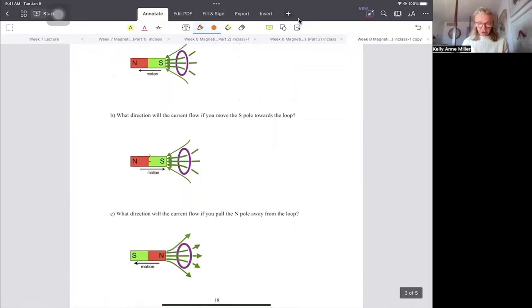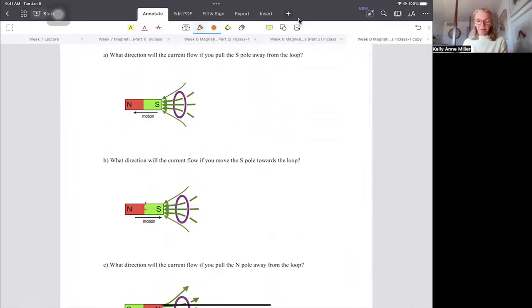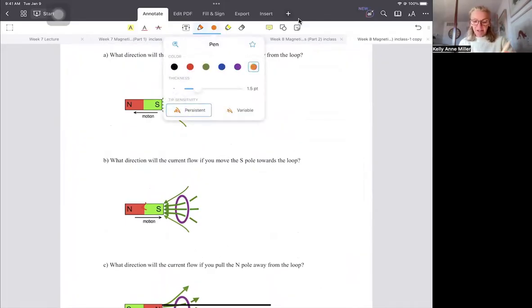Okay, so here's three more examples that we'll just go through together. It's the same question every time: what direction will the current flow? So the first question that we ask is, well, let me first draw the area vector.